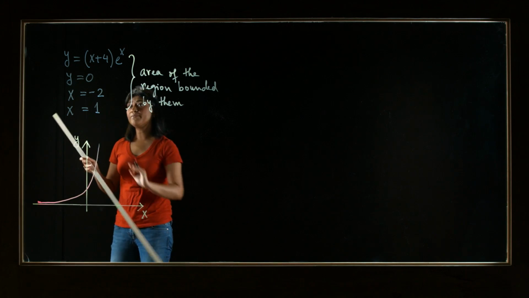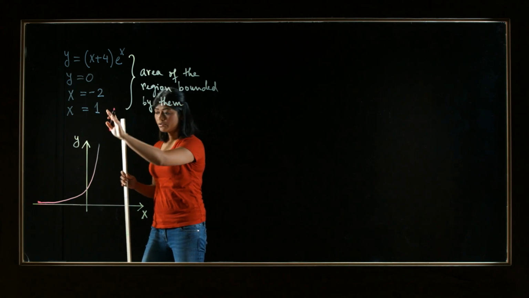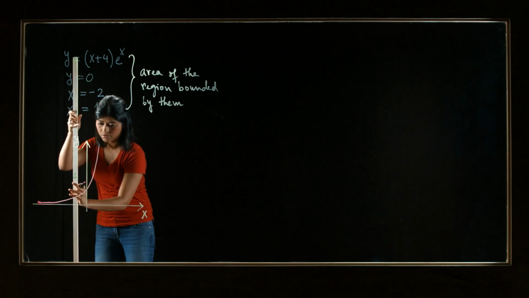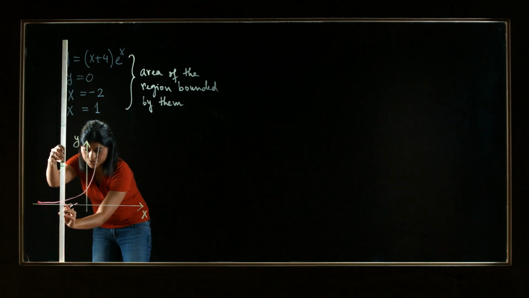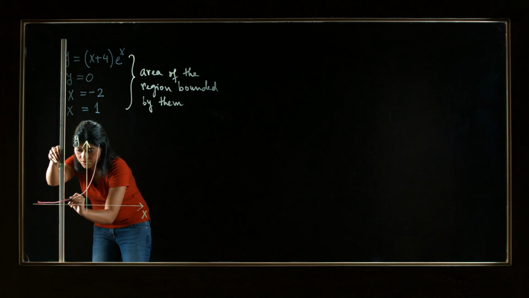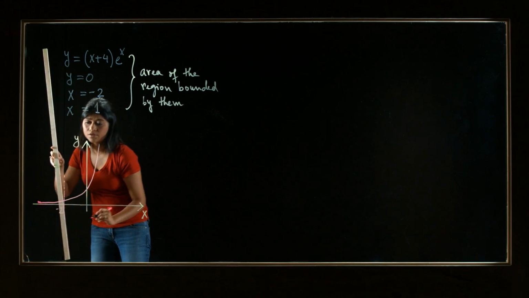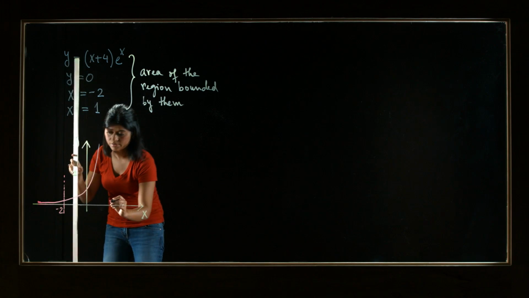All right, next we have x equals -2. Now that is a vertical line through x equals -2. So if we consider -2 is somewhere here, it's the vertical line. Say here is -2, and then x equals 1.